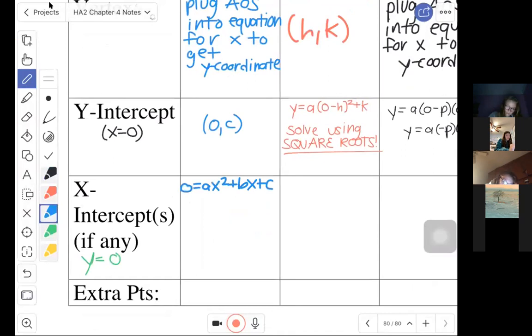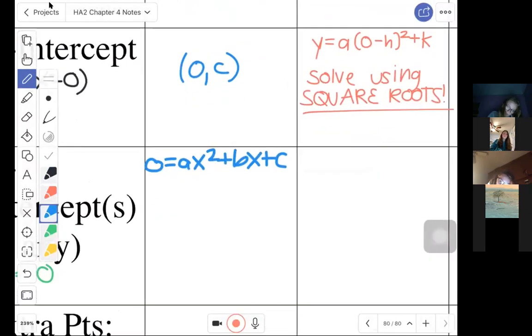Jaden, what are the steps we should take once we set y equal to 0 for standard form? What steps should we take from here? You should see if you can factor it out, and if you can't, then you want to do the quadratic formula. Perfect.